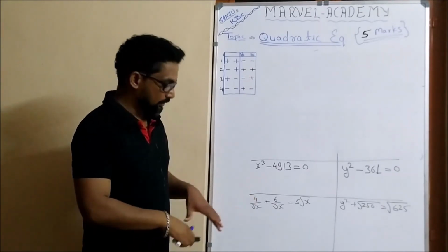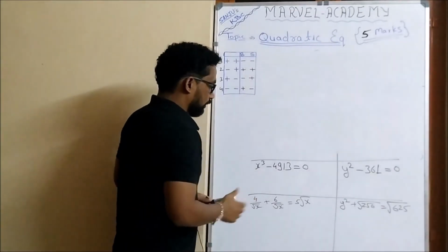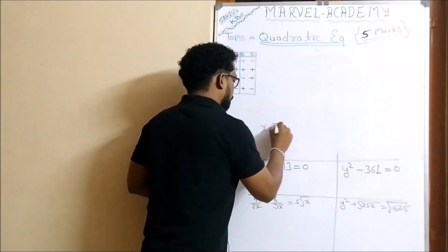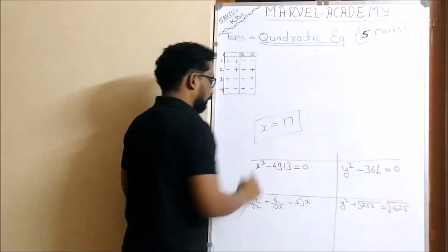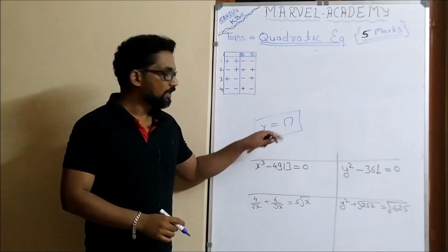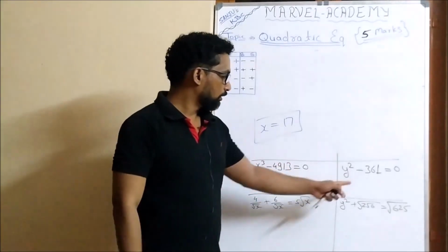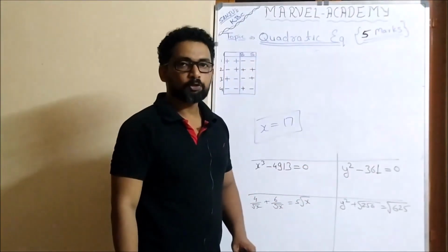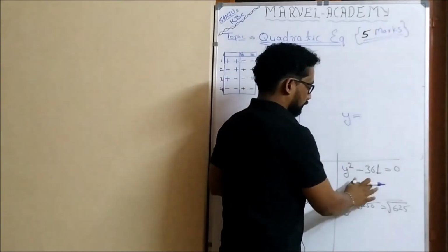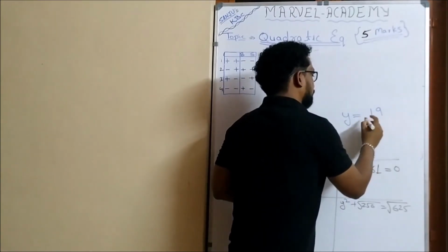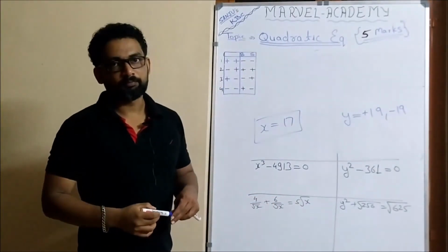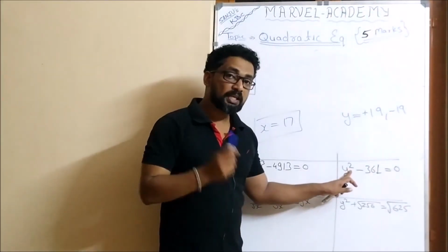Next is the same method. So here you will get x equals 17, because the cube root of 4913 is 17, and y square equals 361. So the value of y will be 19, that is positive 19 and negative 19, because the power is an even number.